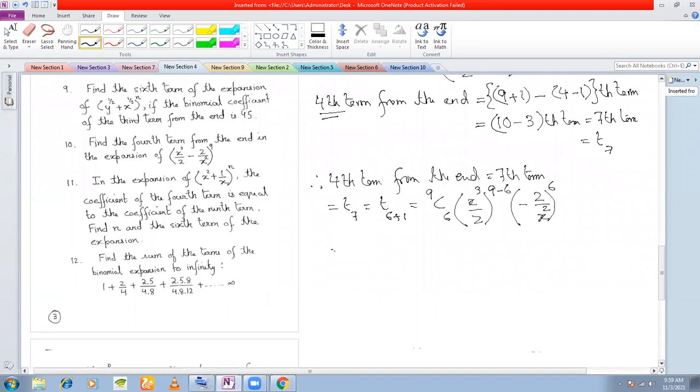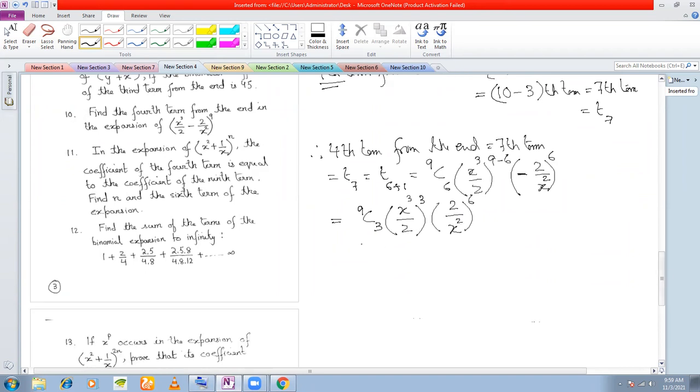Now we just need to simplify this. 9C6 is the same as 9C3, times (x cubed by 2) to the power of 3. Because minus is raised to an even power, it becomes plus, so you get (2 by x squared) to the power of 6. So you get 9C3 into x to the power of 9 by 2 cube into 2 to the power of 6 by x to the power of 12.